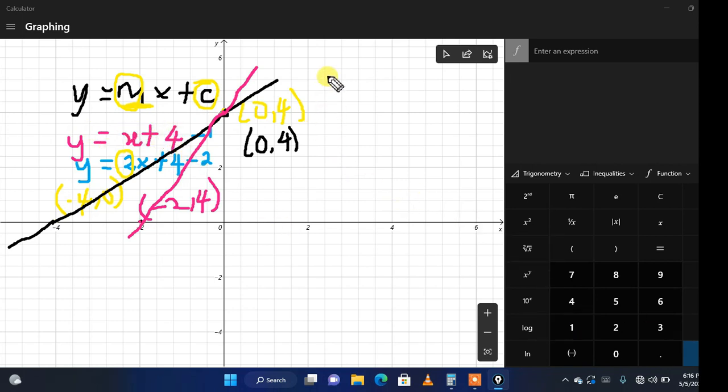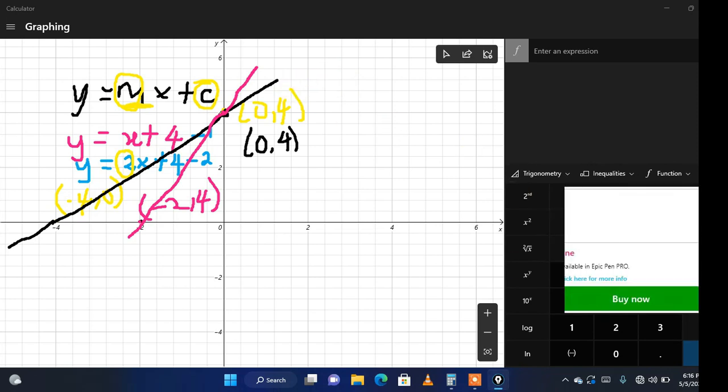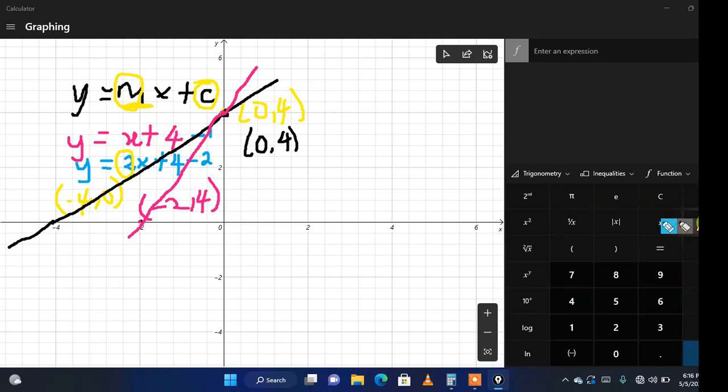So flipping the first equation, we are going to have y equal to x minus 4.